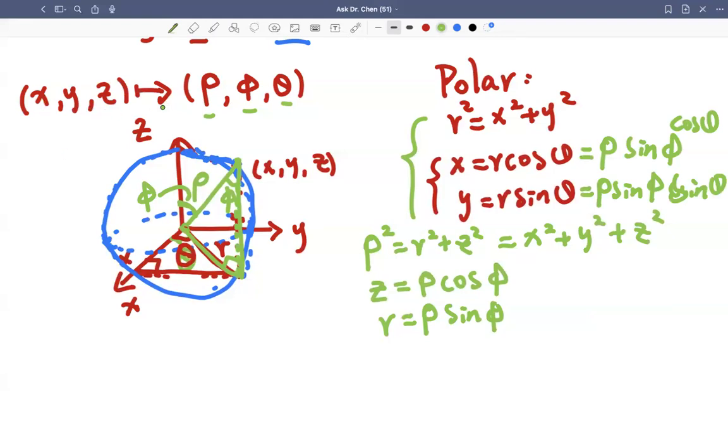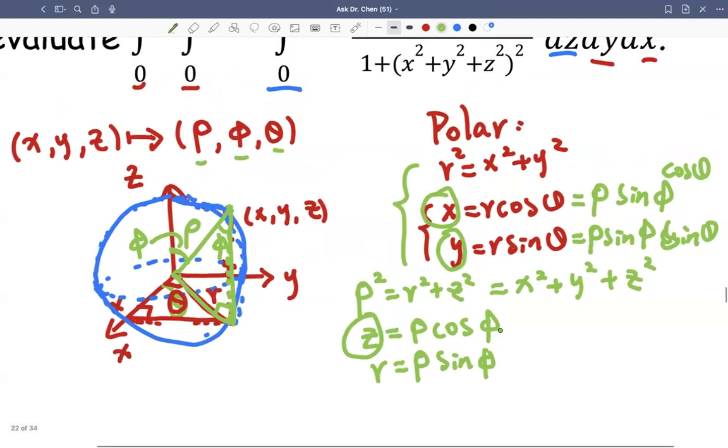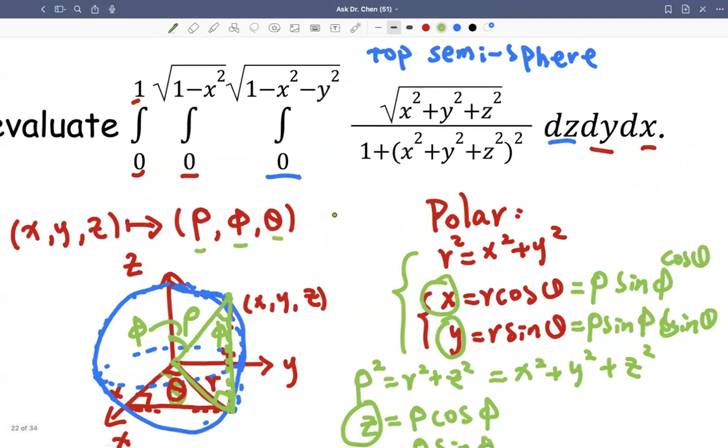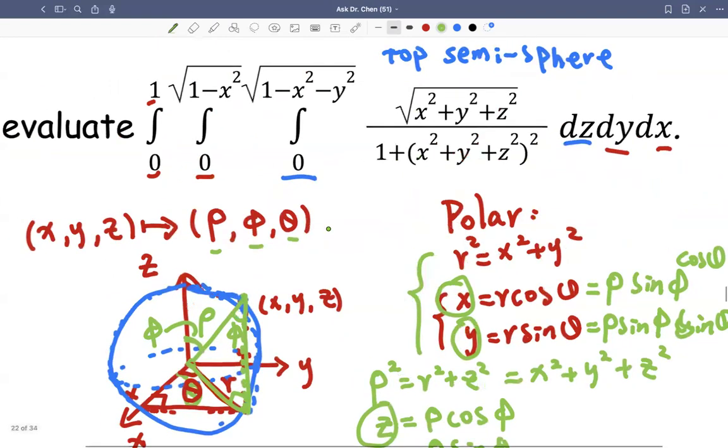So in xyz, to change xyz variables to rho phi theta variables, we have this relation: x equals rho sine phi cosine theta, y equals rho sine phi sine theta, and z equals rho cosine phi. All right, so that's just a review of changing Cartesian coordinates to spherical coordinates.